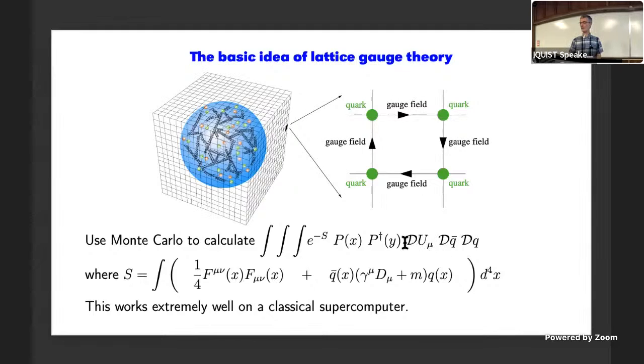And what is it that you're integrating? Well, you need some operator that will create the proton at a certain location y in space-time. And you need another operator that will annihilate the proton at some other point x in space-time. And then your integral will be weighted by the exponential of minus S, where S is the action.